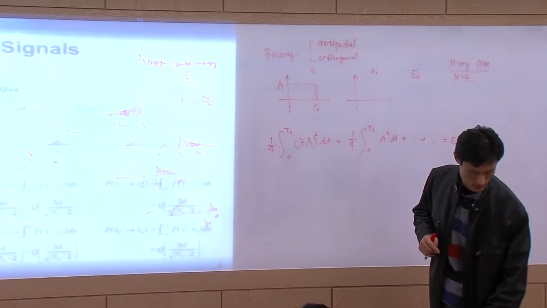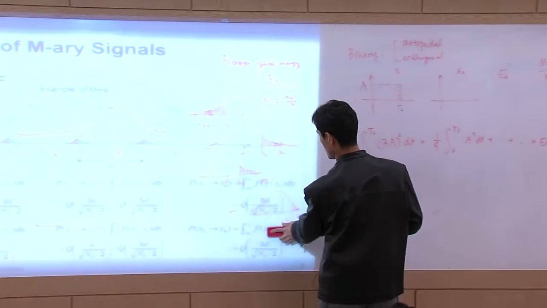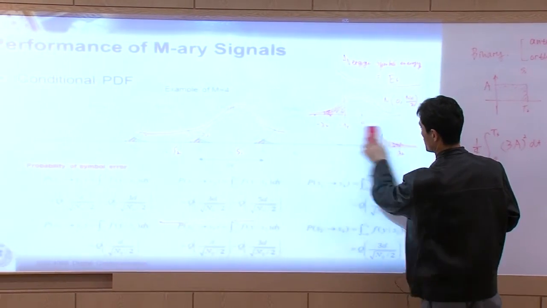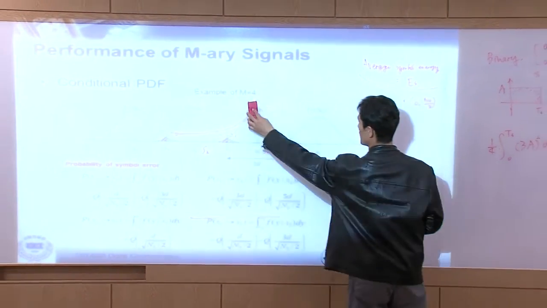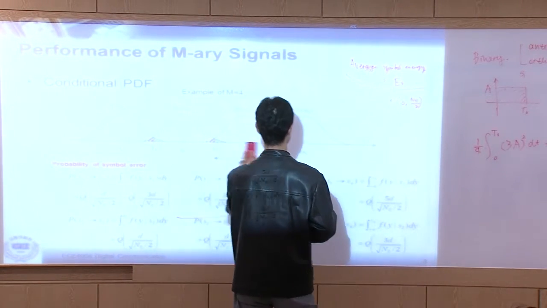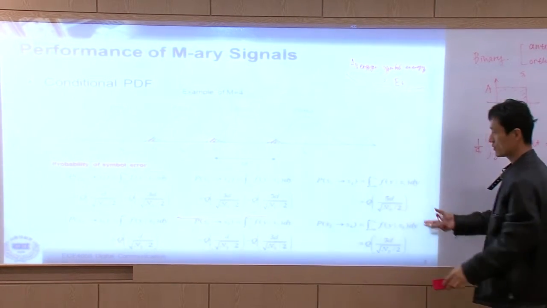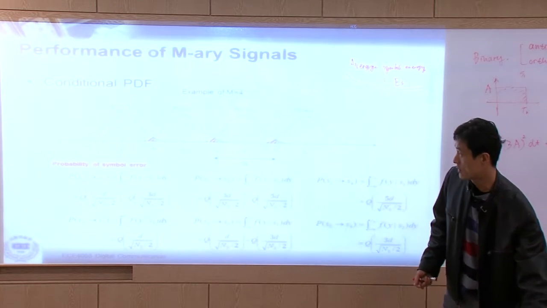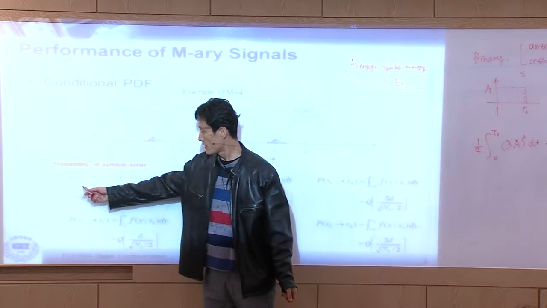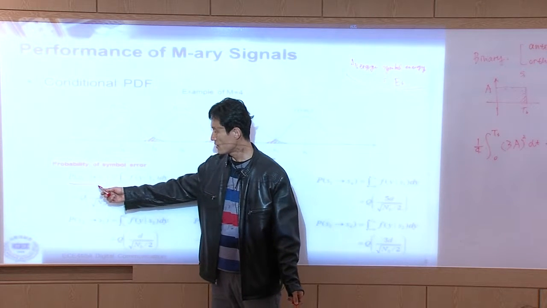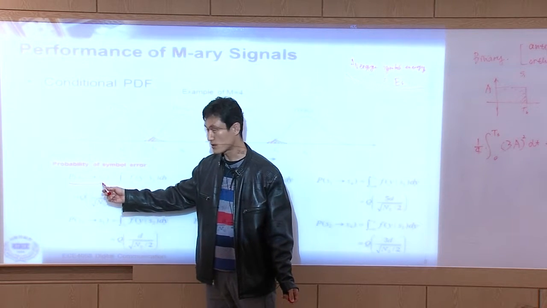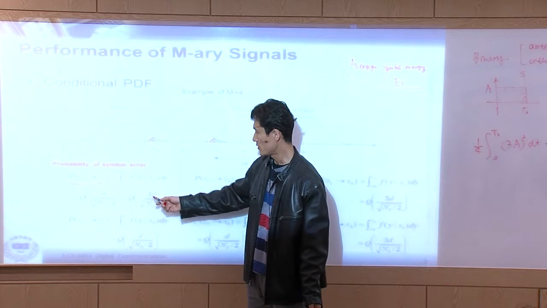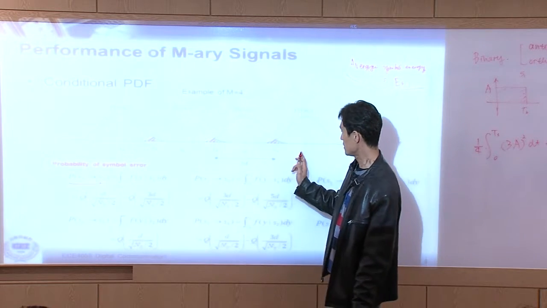Okay. So now let's move on here. Based on this technique, you can calculate the average probability for all different cases. Now this slide shows you examples. First of all, let's see the error probability for S1 to S2. S1 is here, S2 is here.